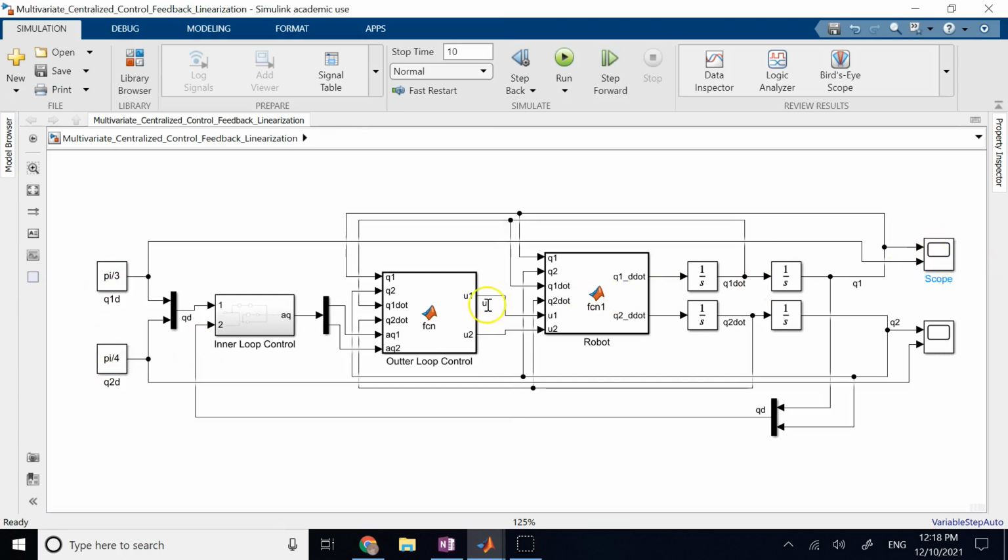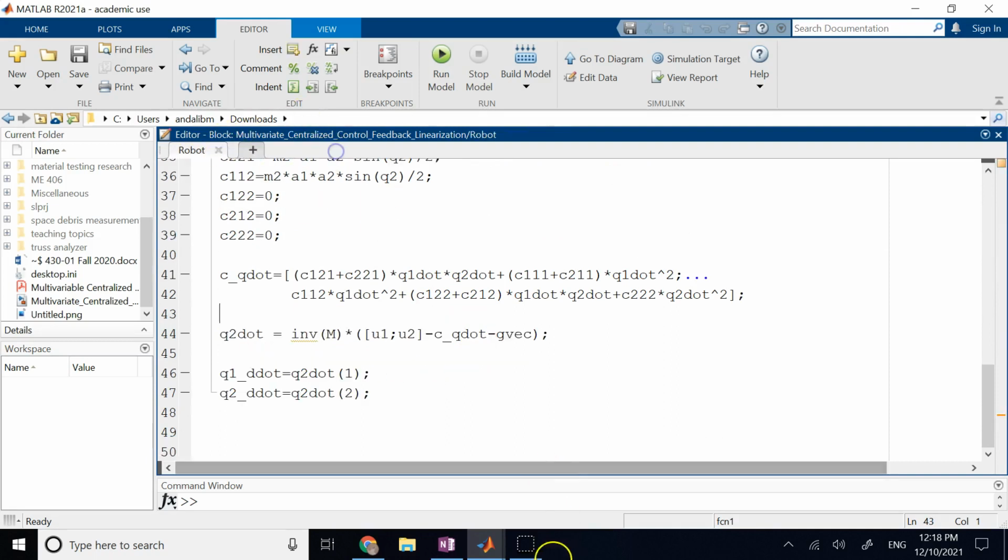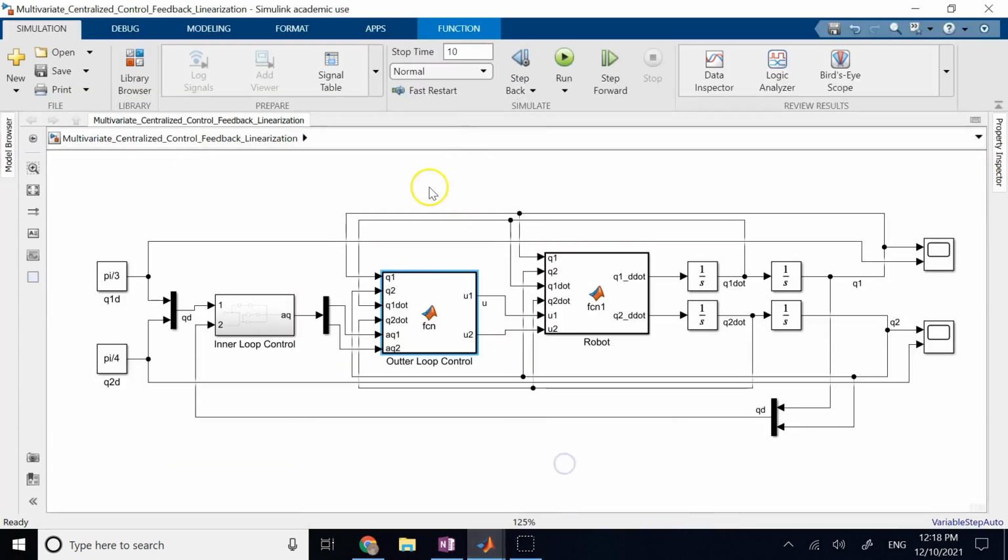And this is my outer loop control, which generates the U's. It takes the Q's and Q dots as well as the AQ's, the two components of AQ, AQ1 and AQ2, and it generates U based on the formula we just had, M AQ plus C Q dot plus G. I guess the naming is wrong, so let me fix it.